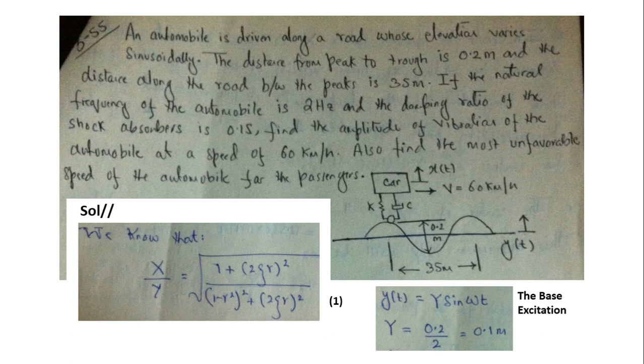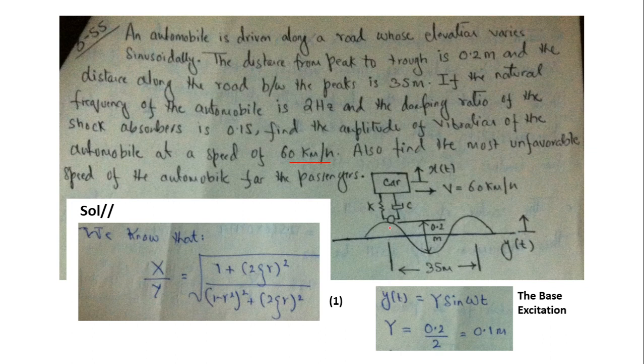If the natural frequency of the automobile is 2 hertz, so the natural frequency is given to you, and the damping ratio of the shock absorber is 0.15. The value of zeta is also given. Find the amplitude of vibration of the automobile at a speed of 60 km per hour. When the velocity of the car is 60 km per hour, we have to find the amplitude of vibration. Also find the most unfavorable speed of the automobile for the passengers.